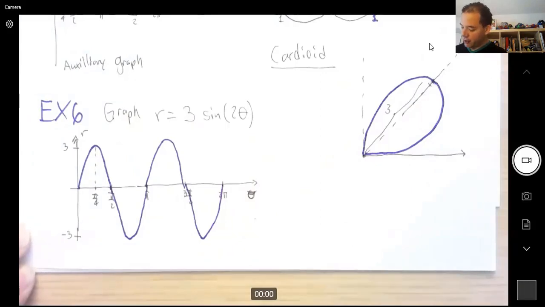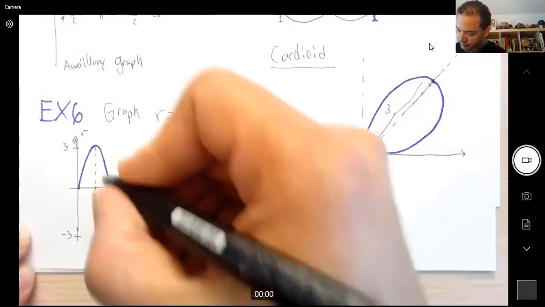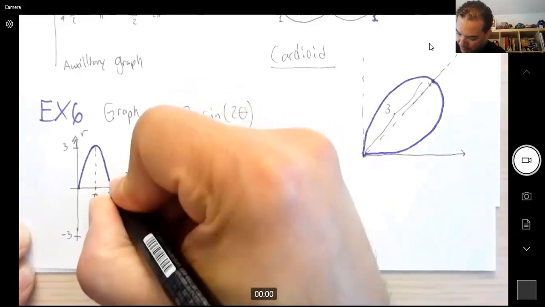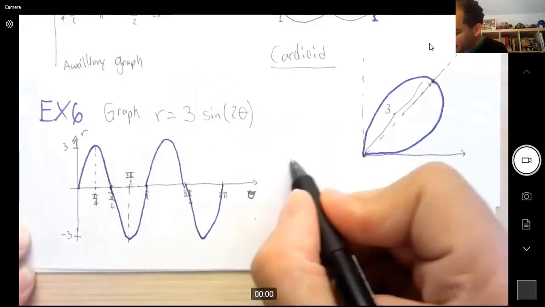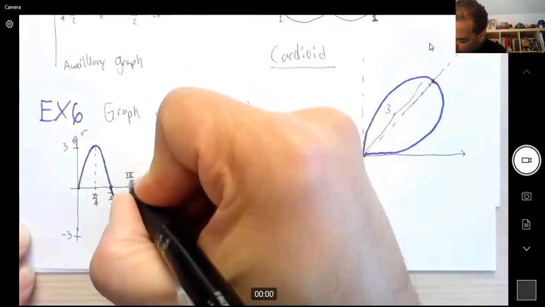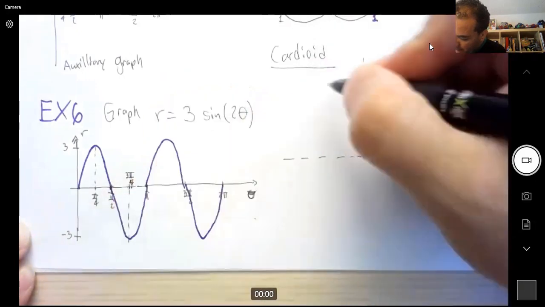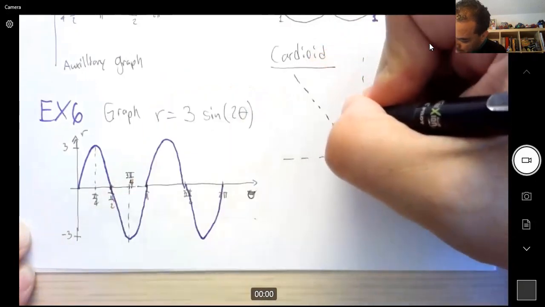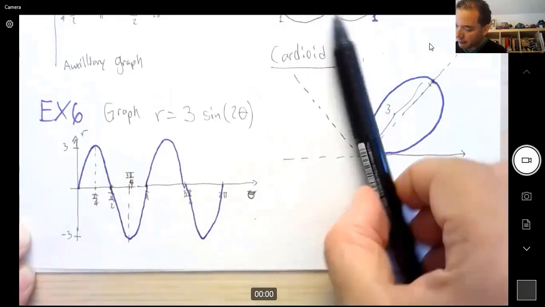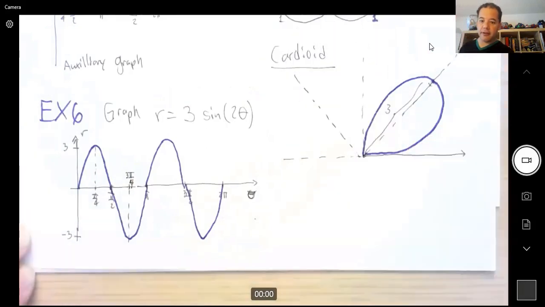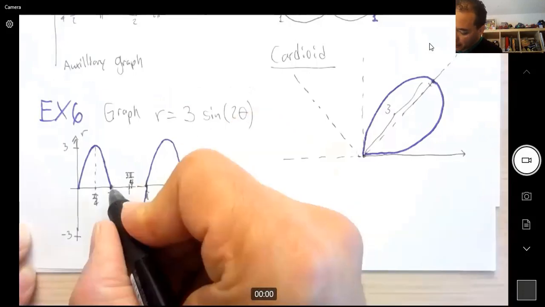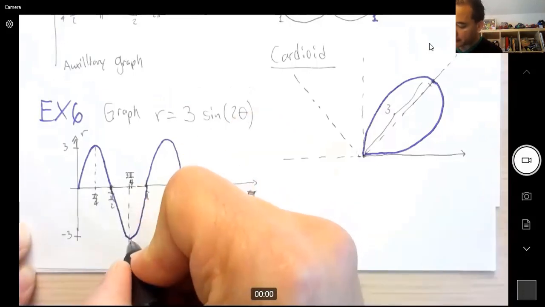Now let's continue. What now from pi over 2 to 3 pi over 4? From here to here. What happens then? Right? And this is what happens. The radius goes from 0 to -3.